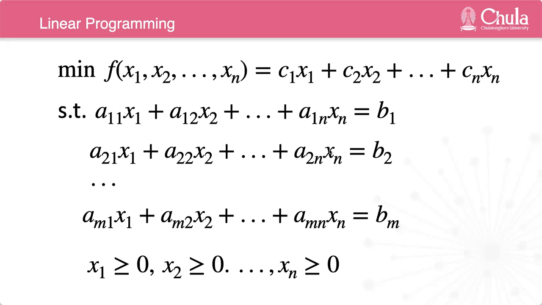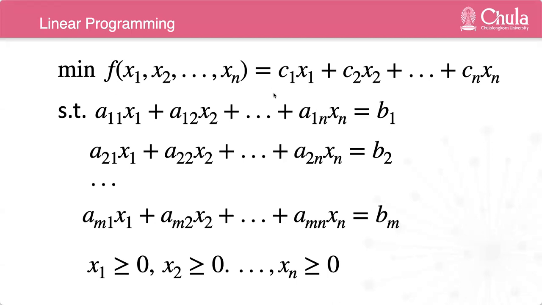Let me show you the representation of linear programming. We minimize f, our objective function, which is a function of x1 to xn, multidimensional. We have n decision variables. The objective function looks like c1 x1 + c2 x2 + c3 x3 until cn xn, where c is constant.